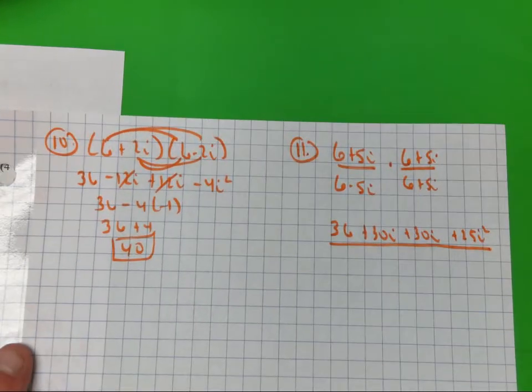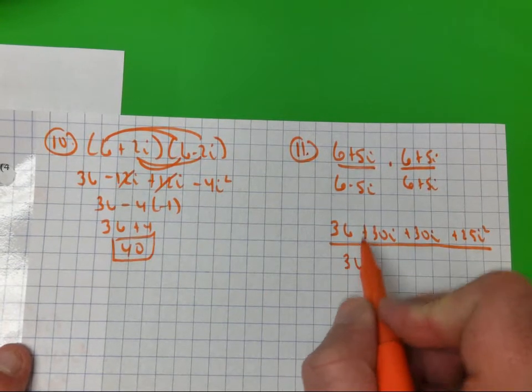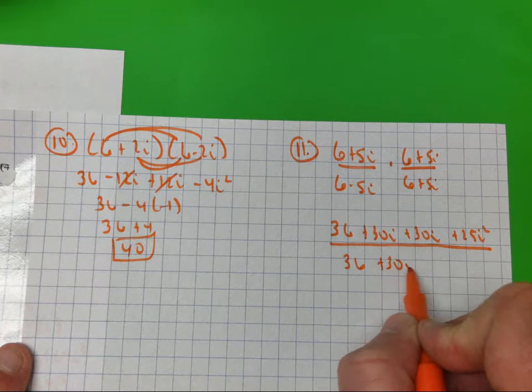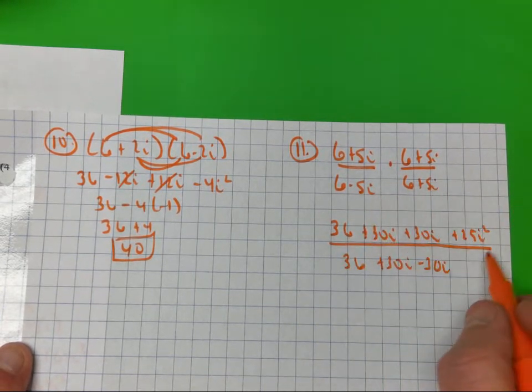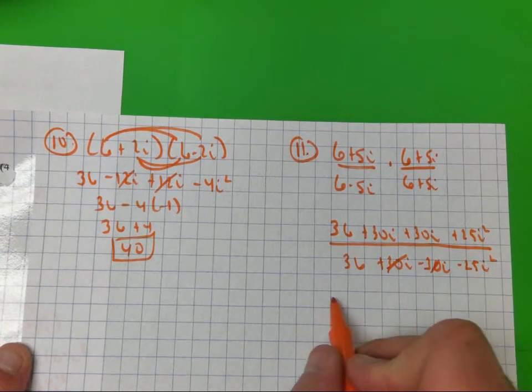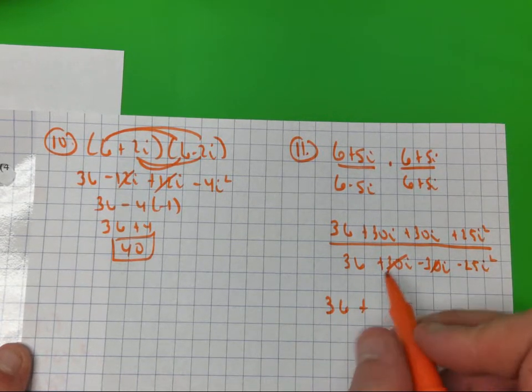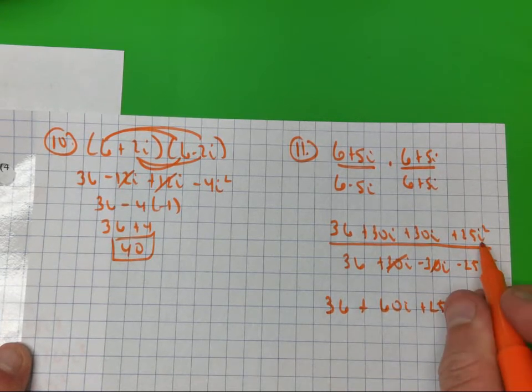5i times 5i is positive 25i squared. All over. 6 times 6 is 36. 6 times 5i is 30i. Negative 5i times 6 is negative 30i. Negative 5i times positive 5i is negative 25i squared. Clean it up. I got 36 plus 60i plus 25 times negative 1 because that i squared.